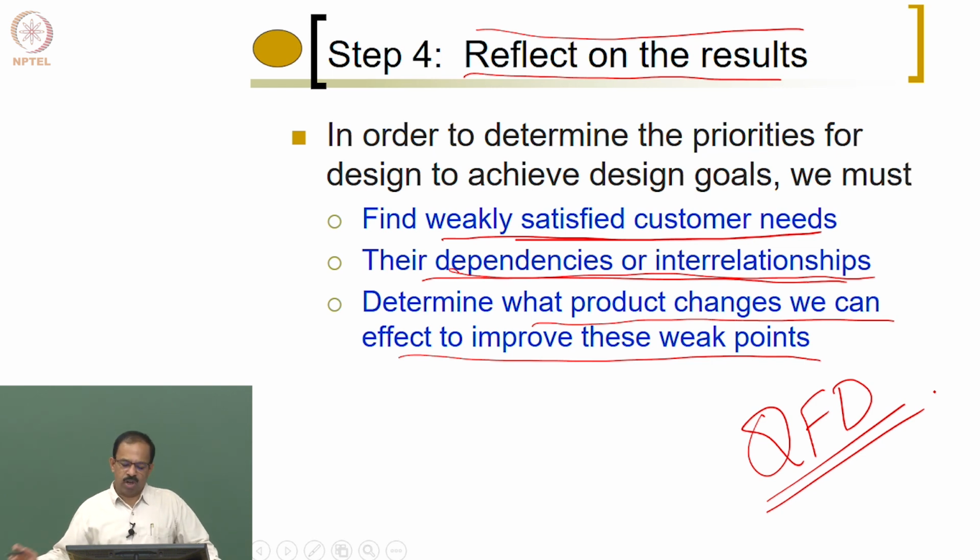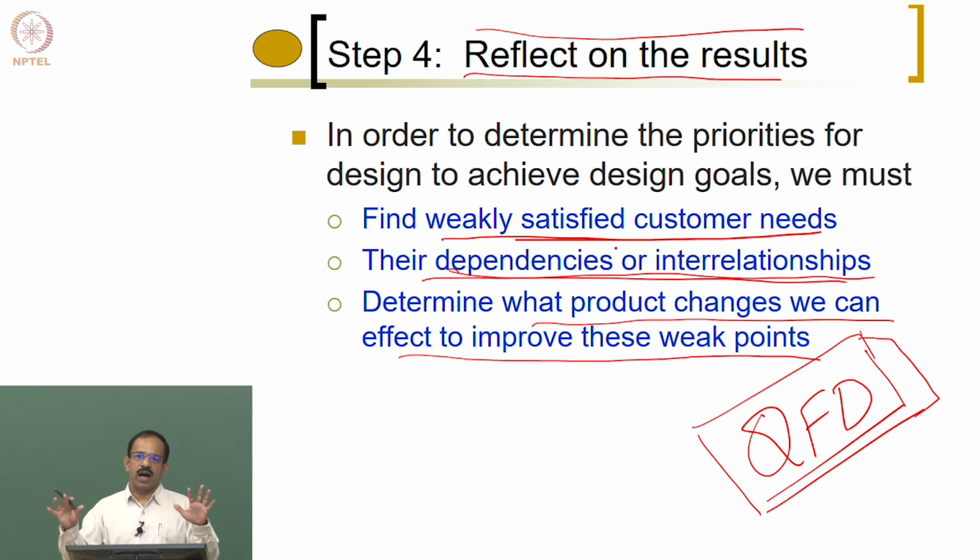Quality function deployment is basically a tool normally used in many other fields also, not only in design, and we use this tool to analyze this and find out all the interrelationships between these needs, and finally to say which one I should really touch and change, and which one I should not touch. That is basically what the QFD tool helps us to do.